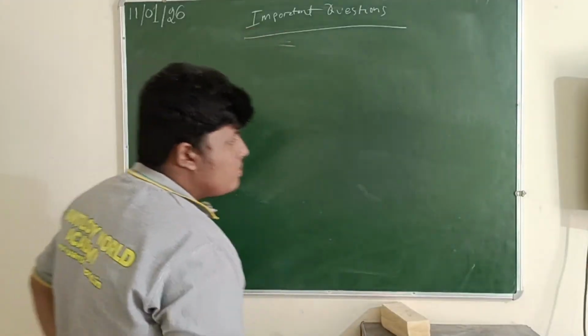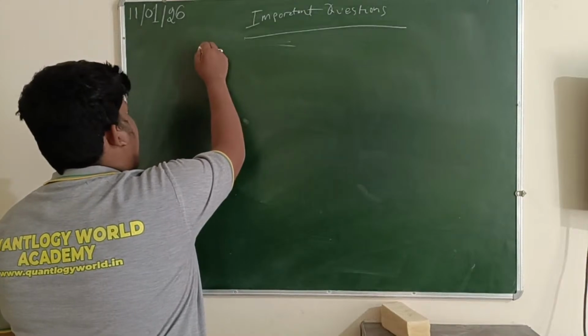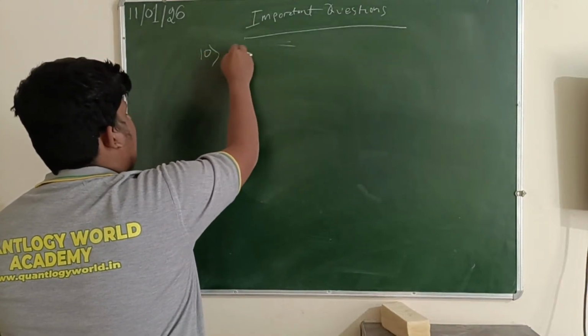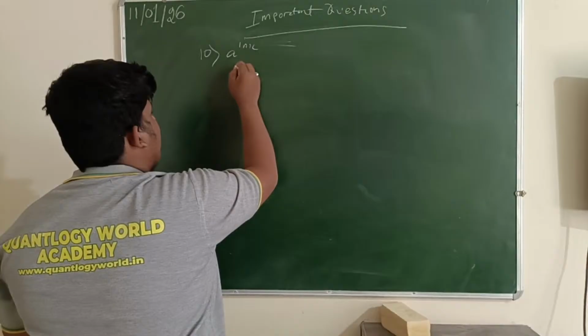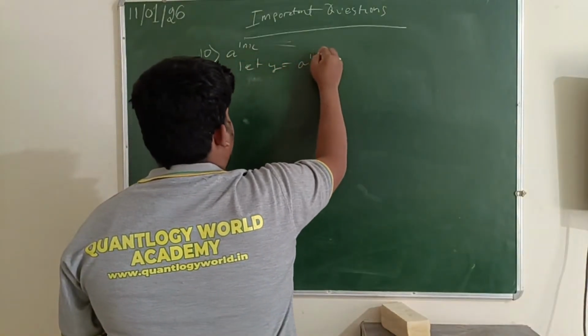The next question is a to the power ln x. This is our 10th question. First step: let y equals a to the power ln x.